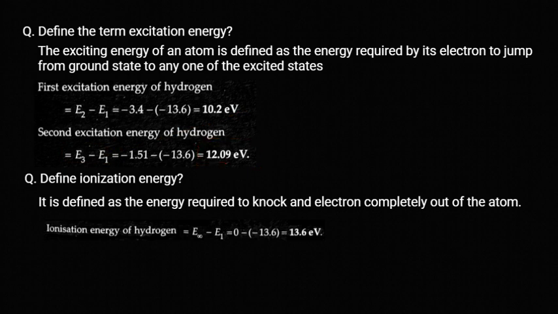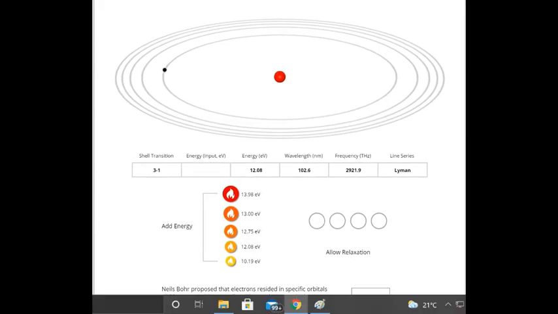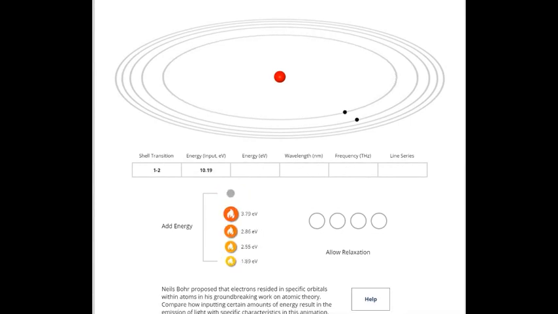So if I supply 12.09 electron volts, what will happen? The electron which is revolving in the n equals 1 state will now move to the n equals 3 state. Fine. So the energy difference is 12.08, somewhere close to 12.09. So you have to supply this much energy in order for the electron to jump from n equals 1 to the n equals 3 state.